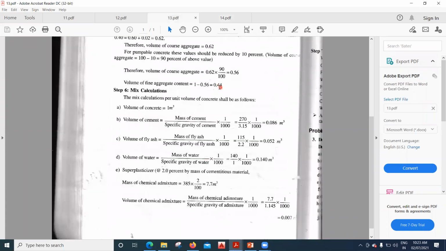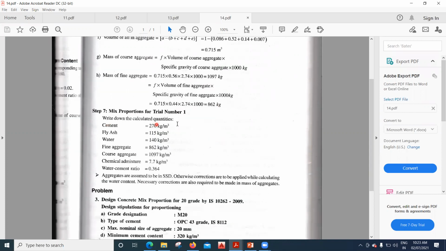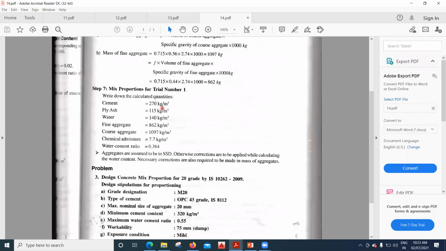Fine aggregate is 0.44, so put 0.44 here. 0.715 is this value, into 0.44 into 2.74 into 1000 comes out to be 862 kg. That's it. Now write down the complete thing. Cement we need 270, fly ash we require 115, water 140, fine aggregate 862, coarse aggregate 1097, chemical admixture 7.7, water cement ratio is 0.364.